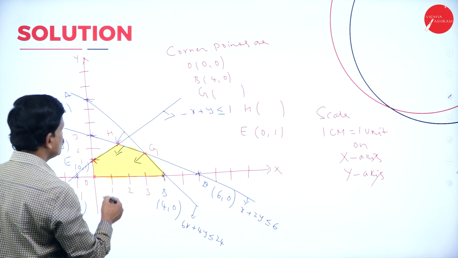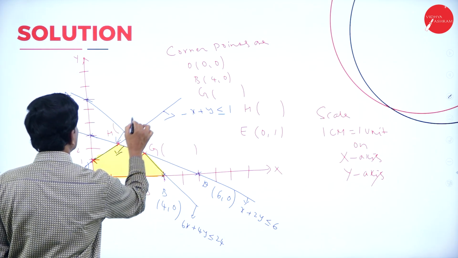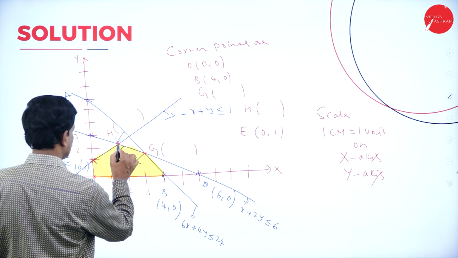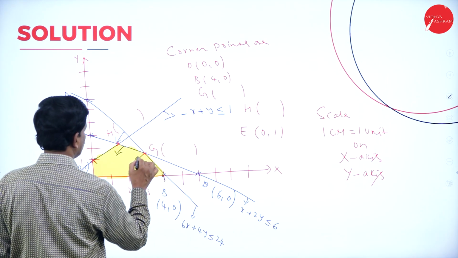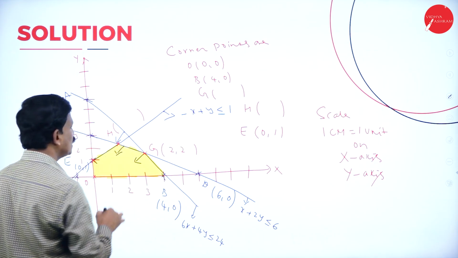Let us find the values of G and H by solving these two equations, these two lines, or from the graph itself if you want, you can check. Draw the graph properly. This will cut at 2, 2, and H.